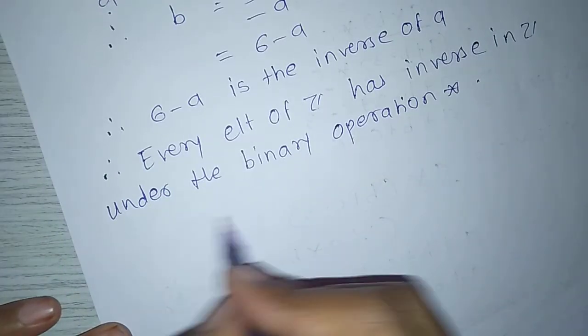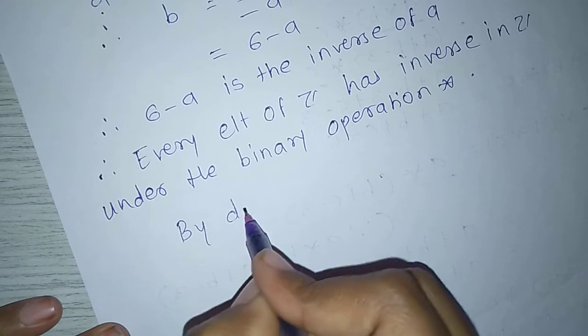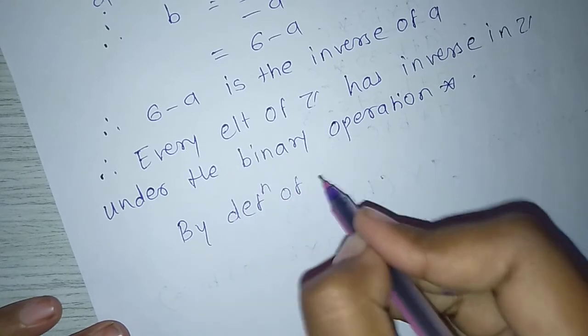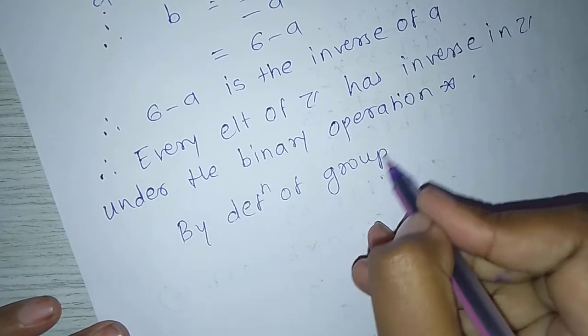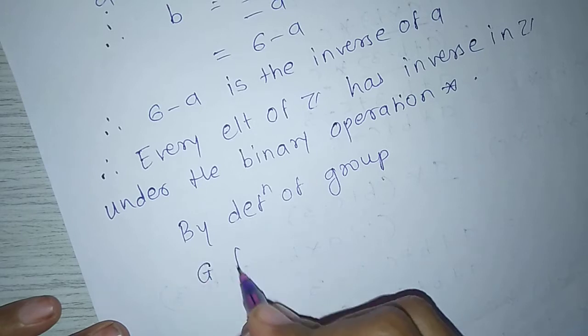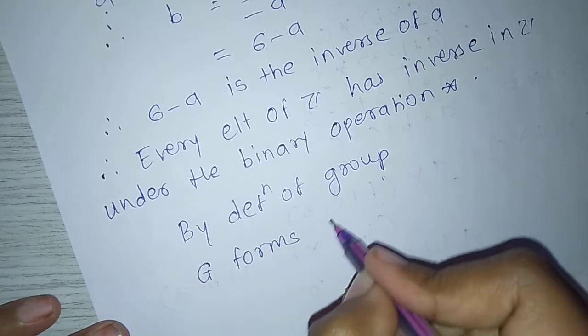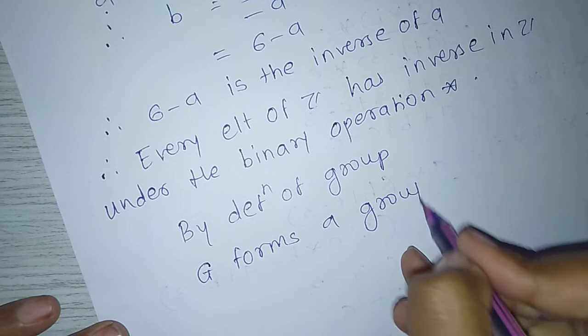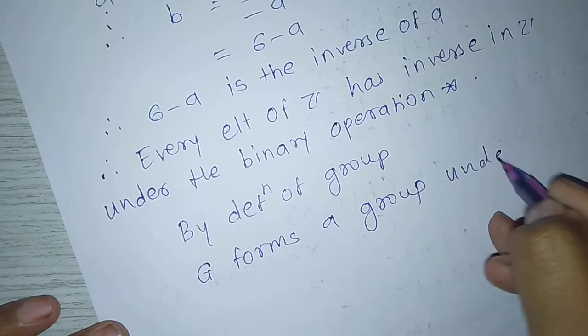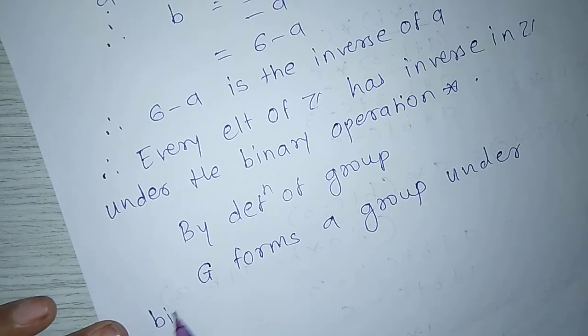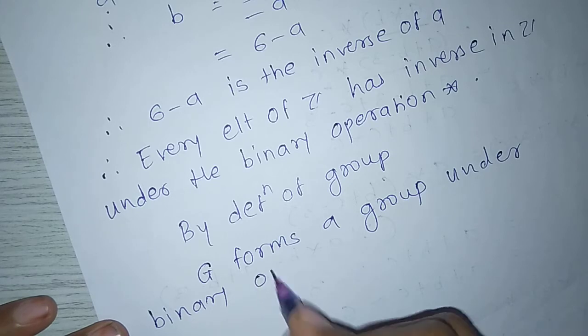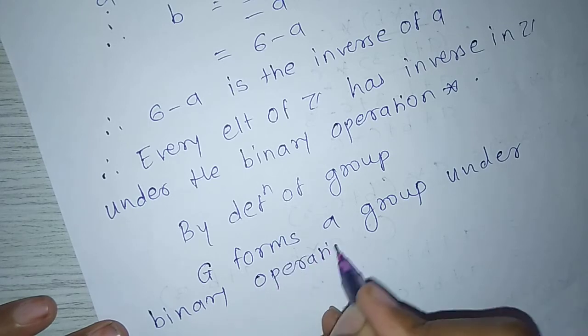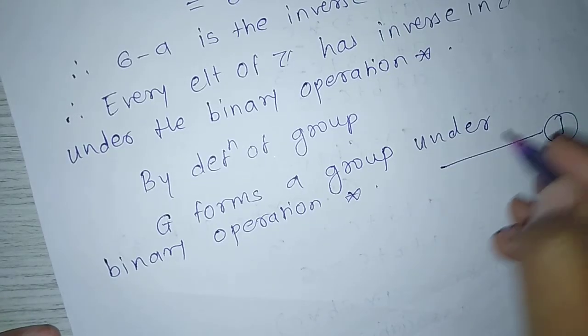Now, by definition of group, G forms a group under the binary operation star. Give this as equation number 1.